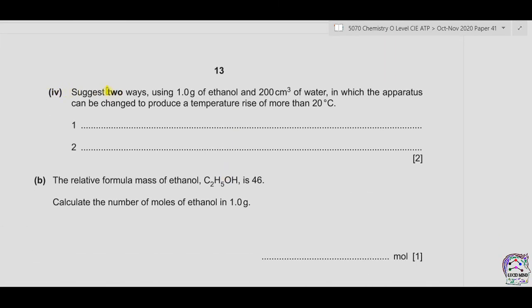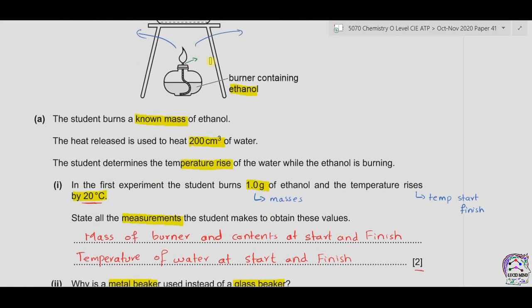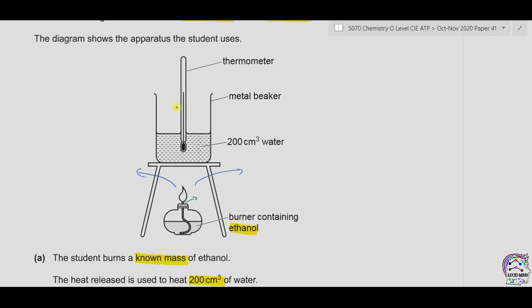Part 4. Suggest 2 ways, using 1 gram of ethanol and 200 cm³ of water, in which the apparatus can be changed to produce a temperature rise of more than 20 degrees centigrade. Looking back at the apparatus, the container is open, so heat can be lost to the surroundings from here. And there is a distance between the flame and the container, so this distance could be reduced to minimize the loss.